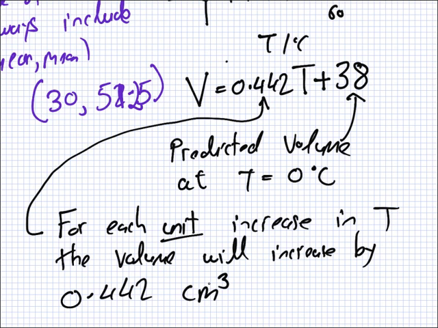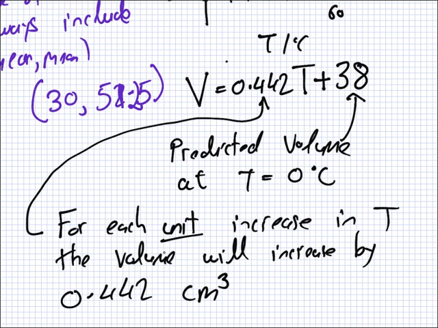I don't need to say per unit Celsius because at the start of my sentence I said for each unit increase. So that captures it. If you were to use that, you'd have to use it at the end of the sentence if I didn't use this at the start of the sentence.